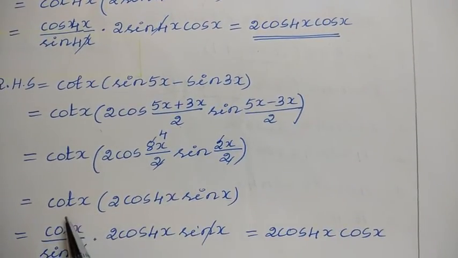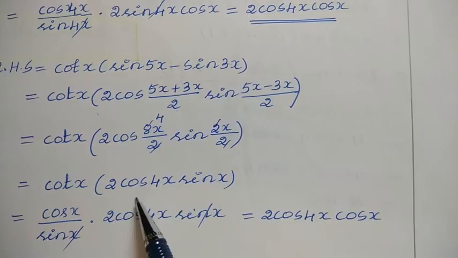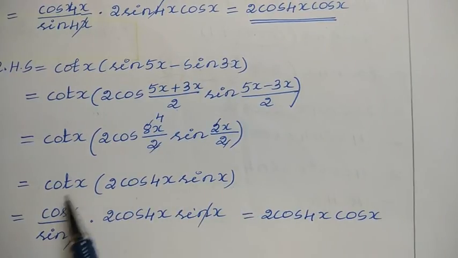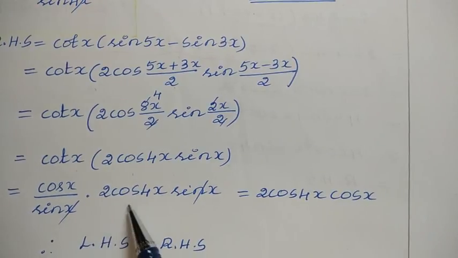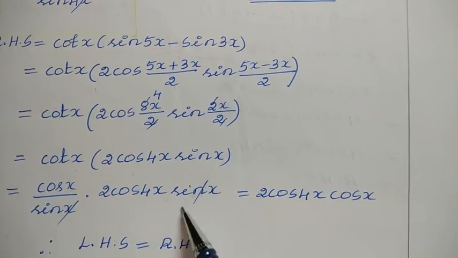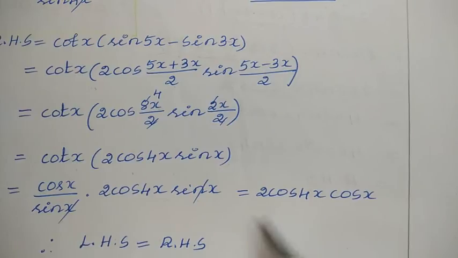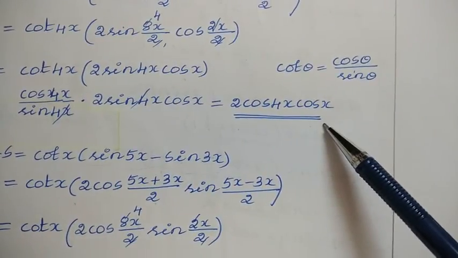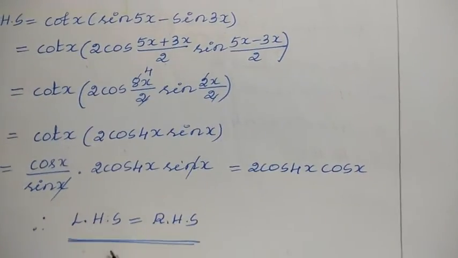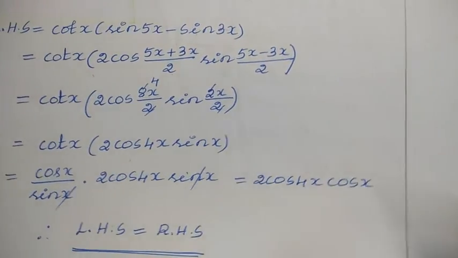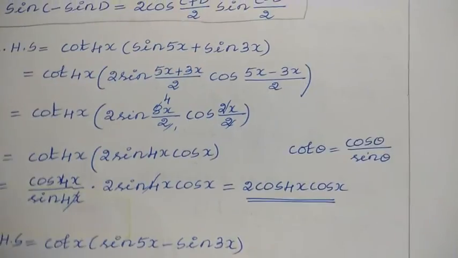After cancellation we get cot x into 2 cos 4x into sin x. This cot x you can write as cos x divided by sin x, into 2 cos 4x into sin x. So this sin x gets cancelled, and we get the value 2 cos 4x into cos x. On the left hand side also we got the same value, 2 cos 4x into cos x. That means left hand side is equal to right hand side. So this way also you can prove the formula.